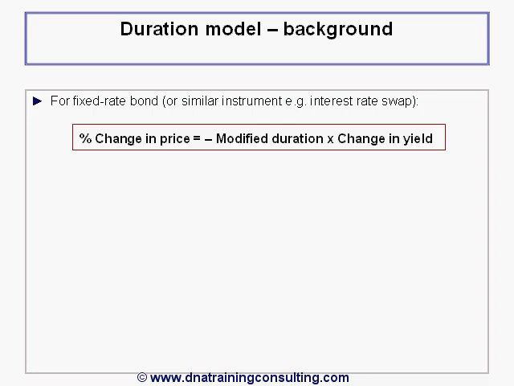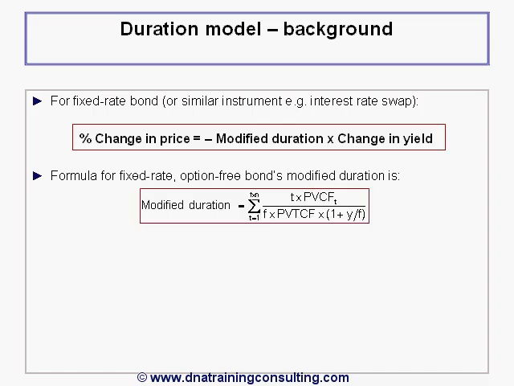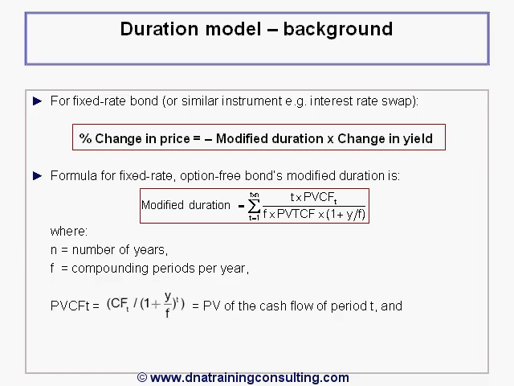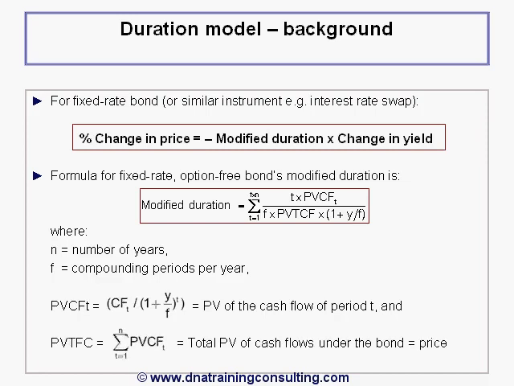The closed form formula for a fixed rate, option-free bond's modified duration is this, where n is the number of years, f the compounding periods per year, PV(CF_t) the PV of the cash flow for period t, and PV(CF_T) the total PV of cash flows under the bond, i.e. its price.